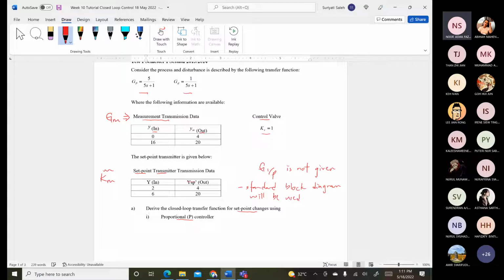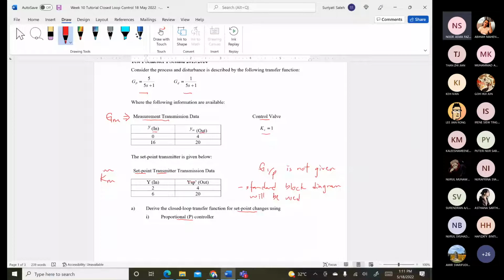Normally, the information will be given like this, either in the form of sentences or in the table. So let's say the GIP is not given, then you don't need to use it. Since the GIP is not available in this question, we will use the standard block diagram.